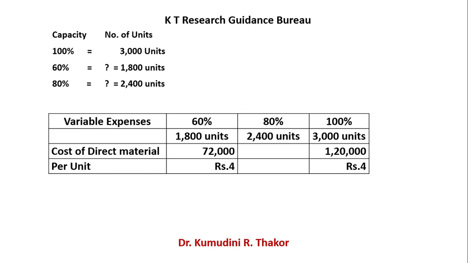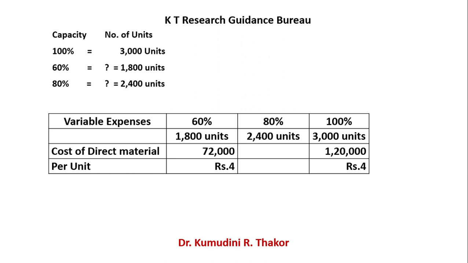For two levels of activity, the data is available. For direct material, for 60%, 72,000 and for 100%, it is 1,20,000. So we have to check whether it is variable, semi-variable or fixed.